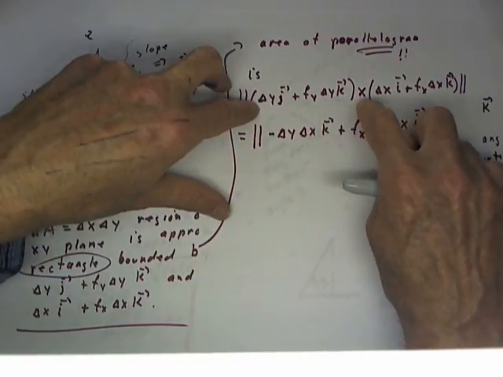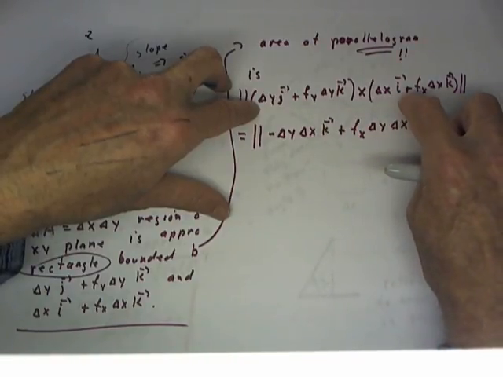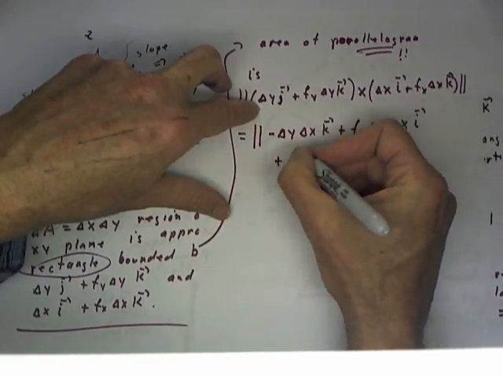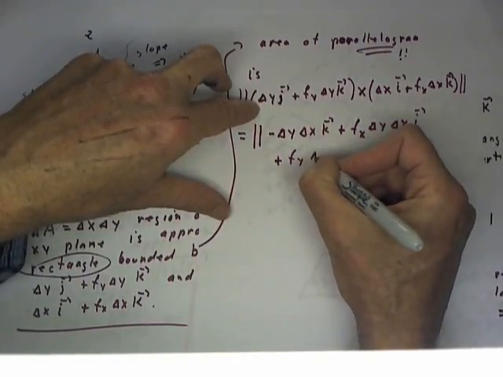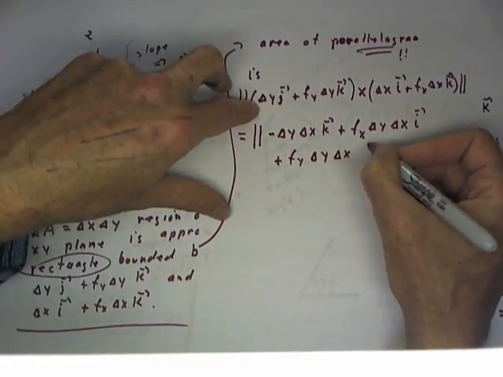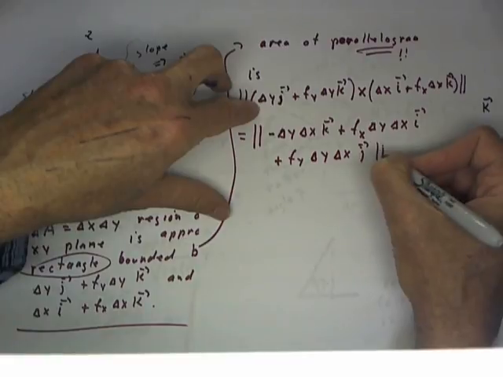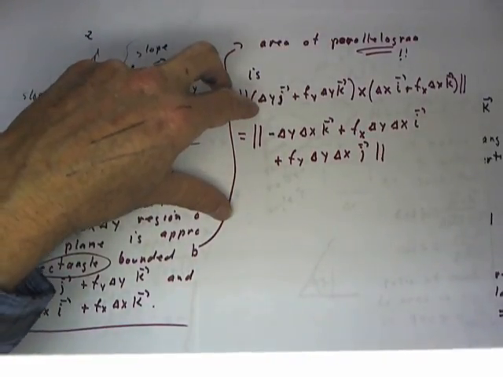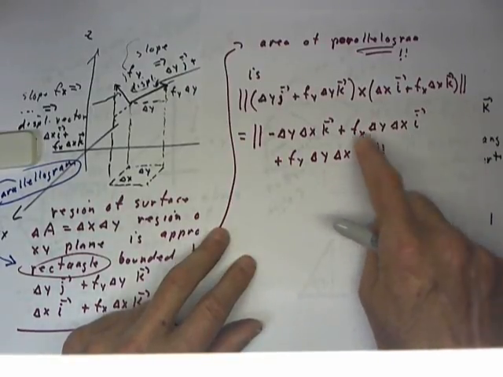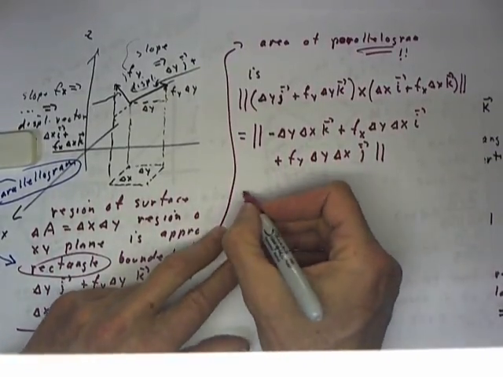Fy delta y k crossed with delta x i: k cross i is j, so that's going to be plus Fy delta y delta x j. The magnitude of this vector, we have i, j, and k components.